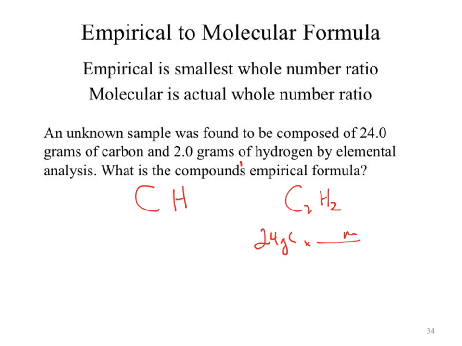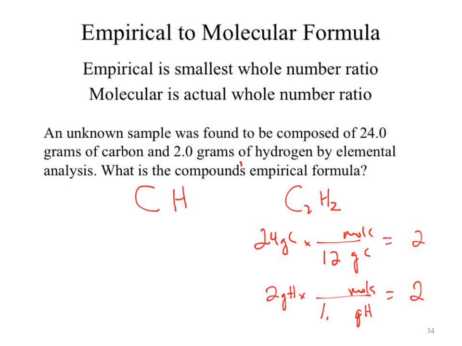We convert it into moles of carbon using the molecular weight. So 12 grams, 1 mole, and we get 2. And then we had 2 grams of hydrogen. We're converting that across grams hydrogen, our molecular weight for hydrogen, 1. Those of you that decided to use more sig figs, good for you. You're still going to get the same answer.